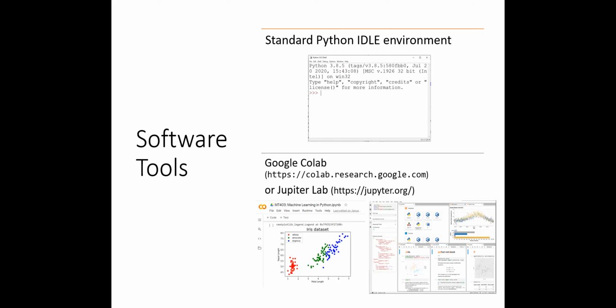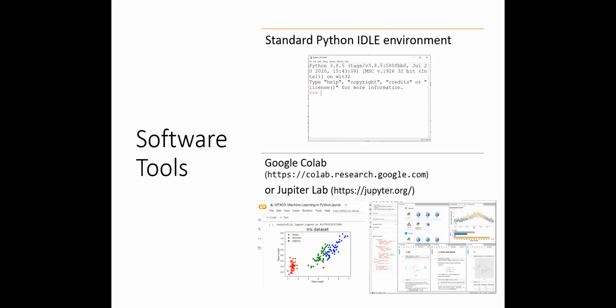After finishing the first few sessions, we are going to look at Google Colab. Or if you're interested in installing it on your machine, I suggest you go for JupyterLab. You can visit jupyterlab.org and install it if you want a local installation of the Jupyter Notebook.